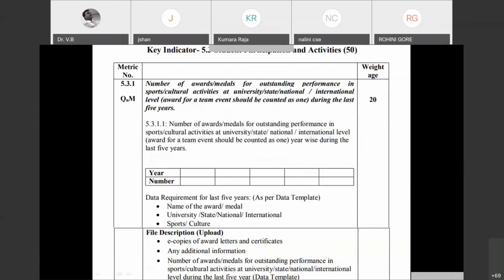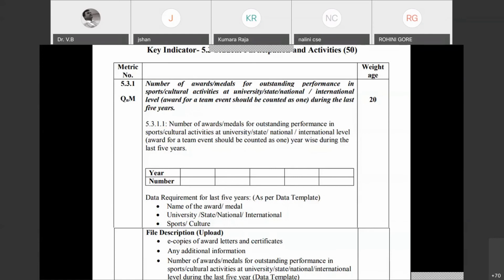And the next key indicator is student participation in activities about sports and culturals at university level, national level. Always remember, if you say that X number of students have won state, international or national competitions, then you need to have separate scanned copies of each and every student certificate. Then only this number will be accepted by the DVV.